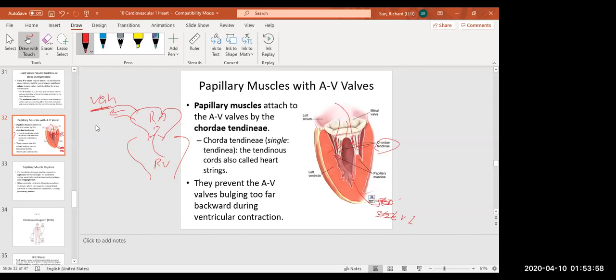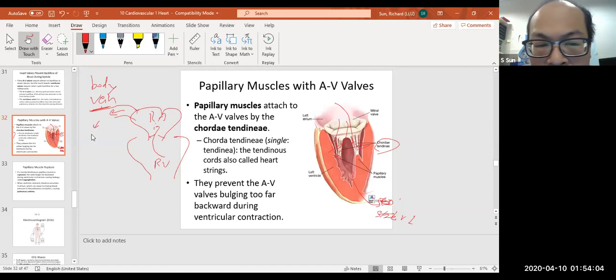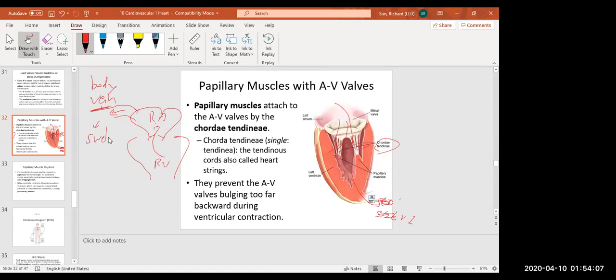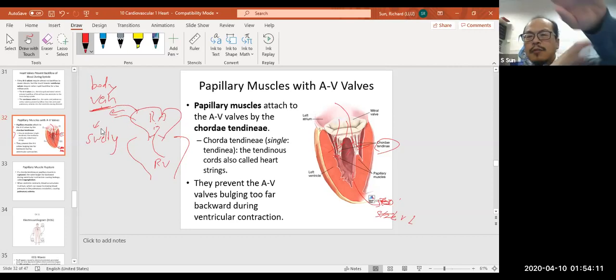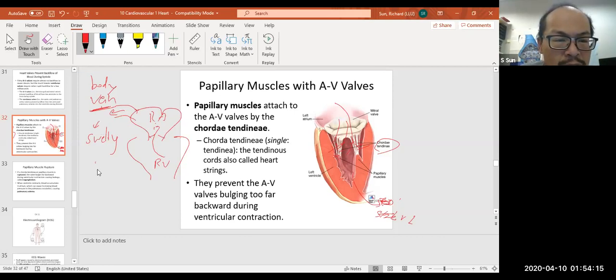So this one is the body vein. Blood going into the body vein, this person will have swelling. Because all this fluid is going to your arm, your body, your leg, and the person will become swollen.